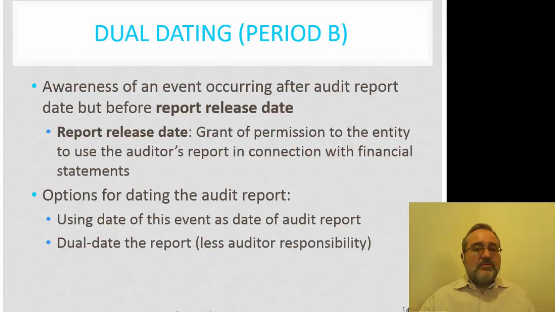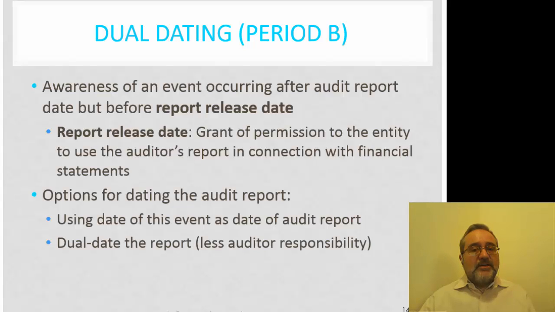So the dual date would say audit report date March 1st, except for note 23, which is dated March 6th. The reason that we want to do this is we want to restrict our liability to that audit report date.